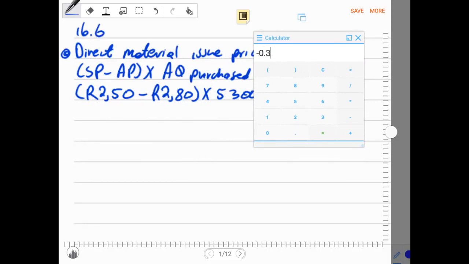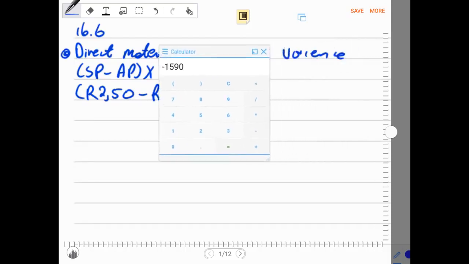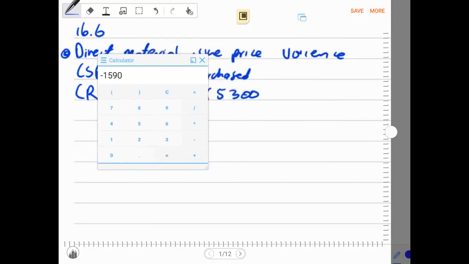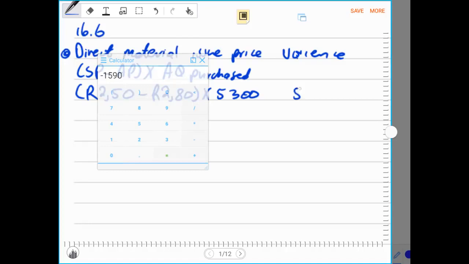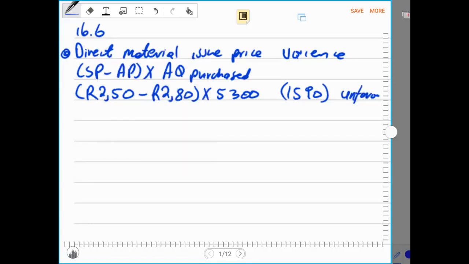Then we multiply this by 5,300 meters, and this gives us 1,590, which is an unfavorable variance.